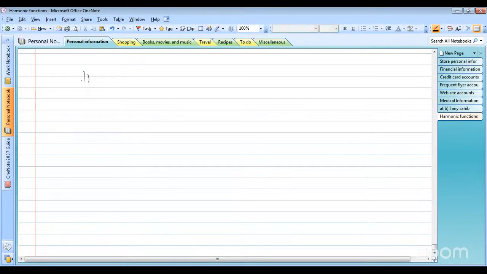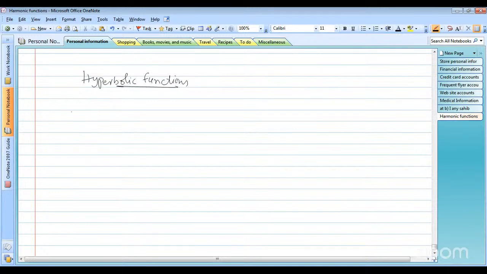Hyperbolic functions. The complex hyperbolic functions are defined exactly the same way as the real hyperbolic functions.